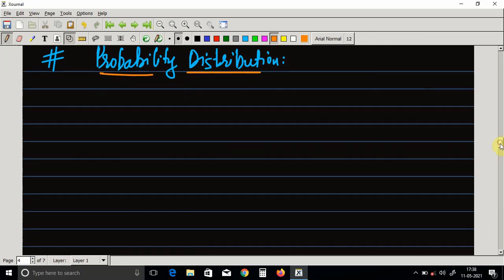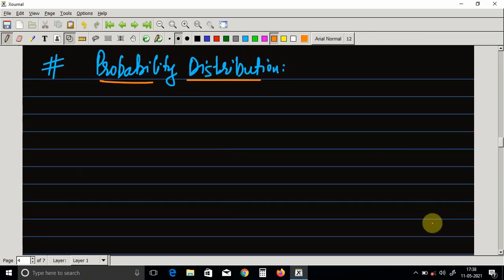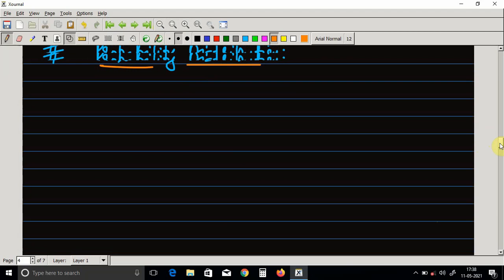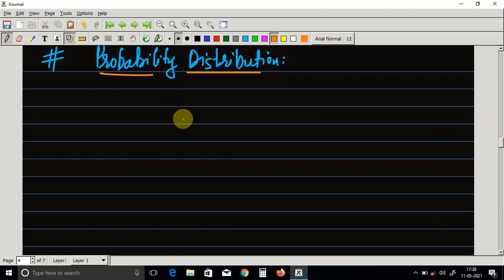Okay, so to understand this concept, I will take an example, then we will see what is probability distribution and how it looks. The example I am taking is tossing a coin 3 times.